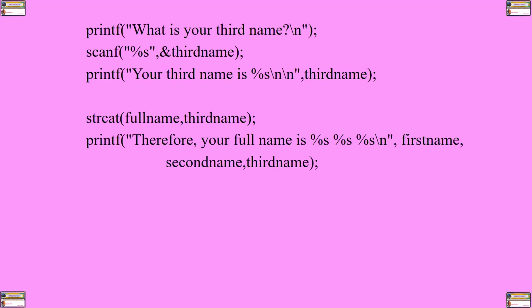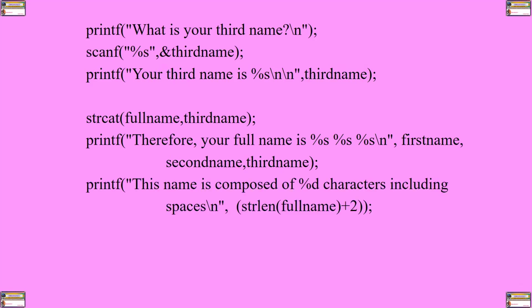It is joining them together. When the compiler executes this statement, your full name is first name, comma, second name, comma, third name. This will simply display the three names: what you have in your first name, second name, and third name memory locations.